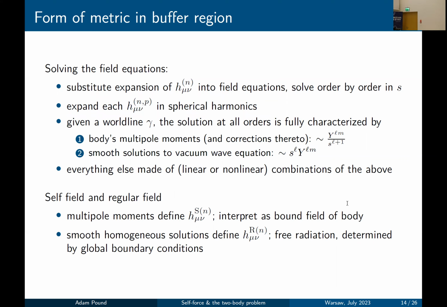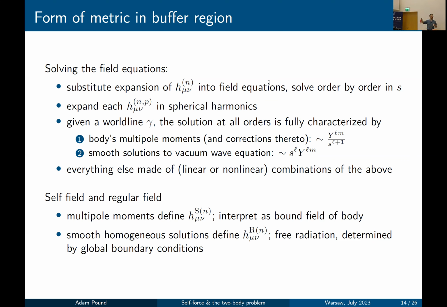Okay, now this I derived without actually imposing Einstein equations. I was just considering the form of the two expansions. But now I want to substitute that expansion into the Einstein equations. So I have this Hn, and I'm going to expand it for small s, meaning I get 1 over s to the n plus 1 over s to the n minus 1, 1 over s to the n minus 2, etc. Substitute that into the Einstein equations, and then solve order by order in epsilon and s.